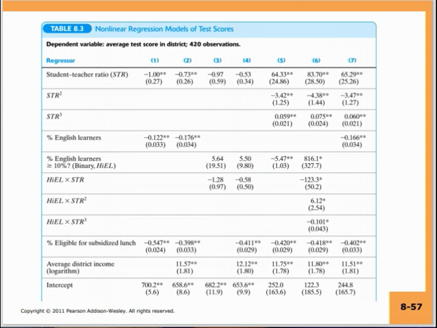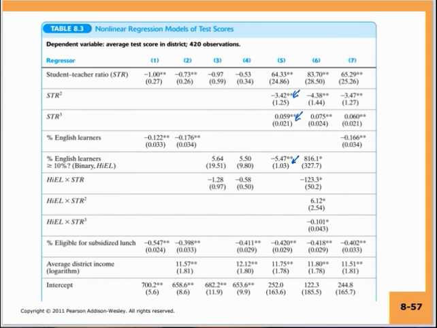Over here you have included some nonlinear transformations. So you have included a quadratic term for STR, you have included a cubic term for STR, you have included a binary variable. Over here also you had included the binary variable high English learners in both of these cases, and here you have not included any interaction terms.